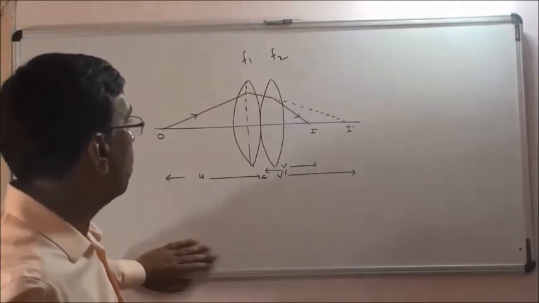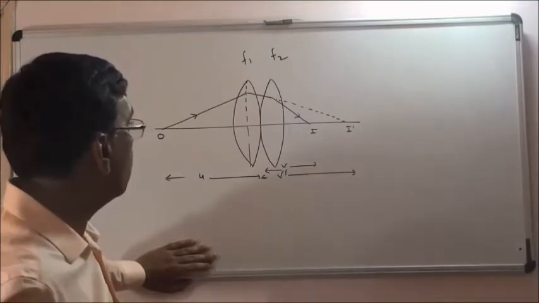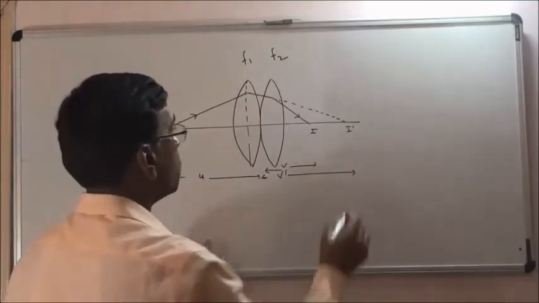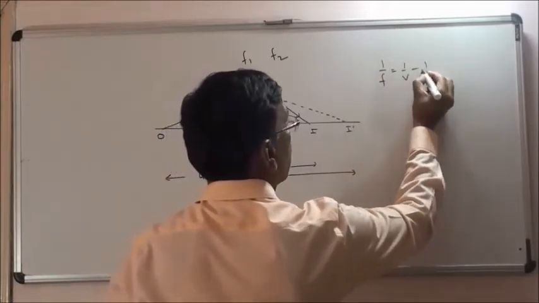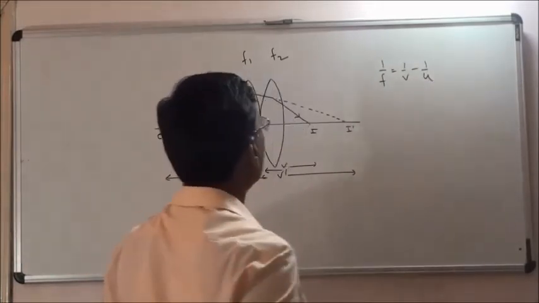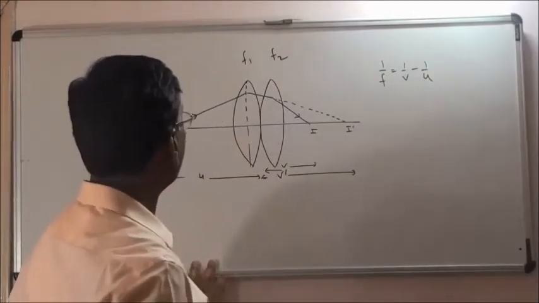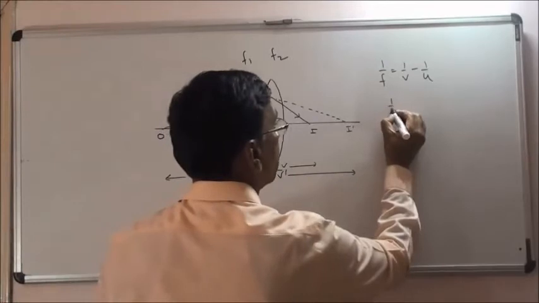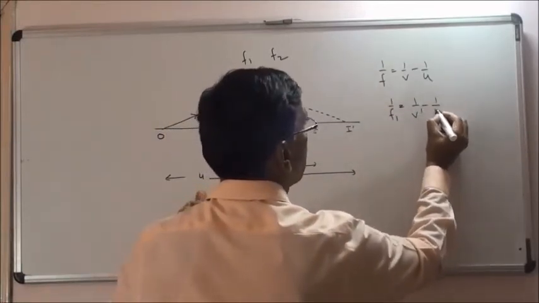Now for the first lens, using 1 by f is 1 by v minus 1 by u, it will be 1 by f1 is 1 by v dash minus 1 by u.